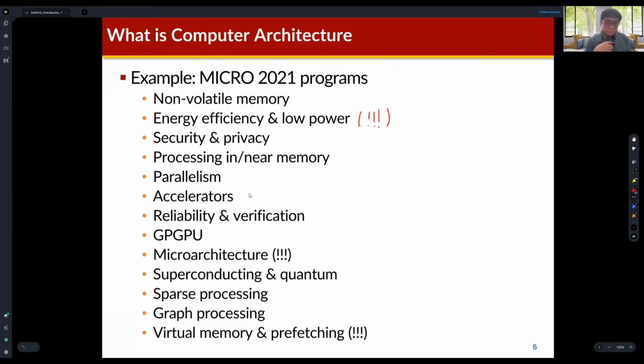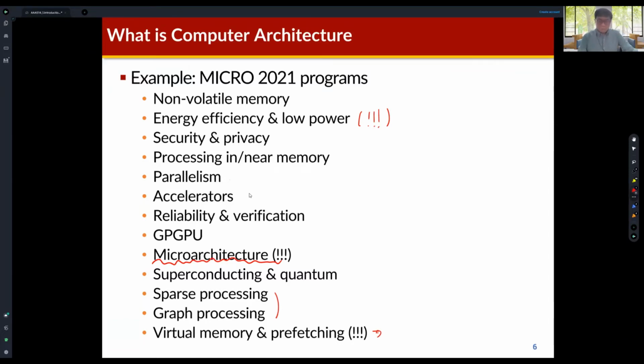And security and privacy, processing in or near memory, parallelism. Okay, it's very familiar. Accelerators, reliability, GPU, microarchitecture. This is very traditional computer architecture research. And then superconducting and quantum. What's that? It's just physics. And then sparse processing, graph processing, virtual memory, and prefetching. Oh, this is memory systems.